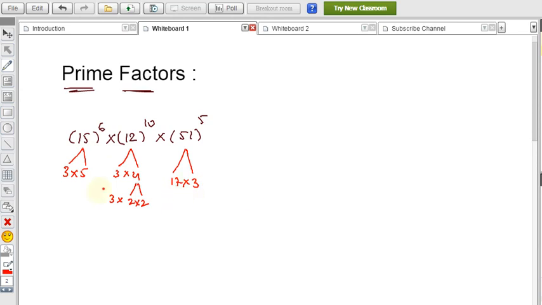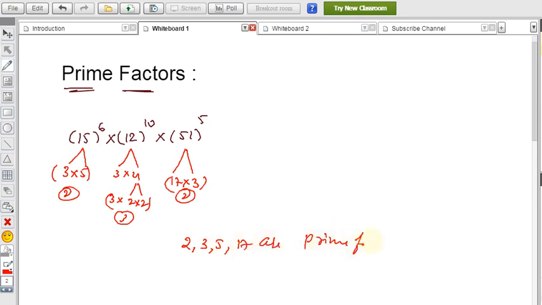So overall the prime numbers used are 3, 5; 3, 2, 2; and 17, 3. But 2 and 3 are common. Finally 2, 3, 5, 17 are the prime factors. So there are 4 prime factors.